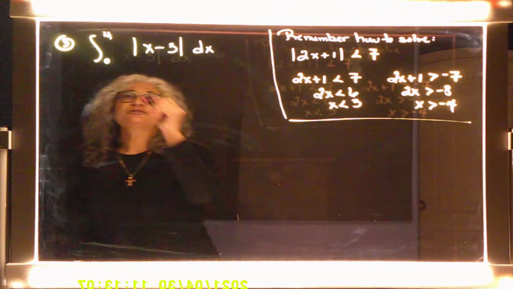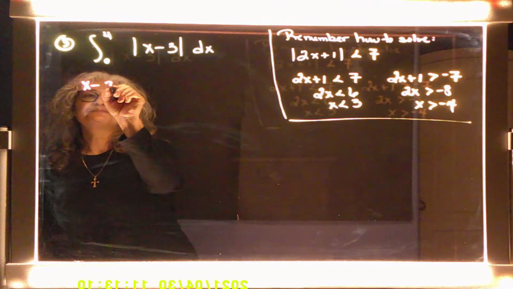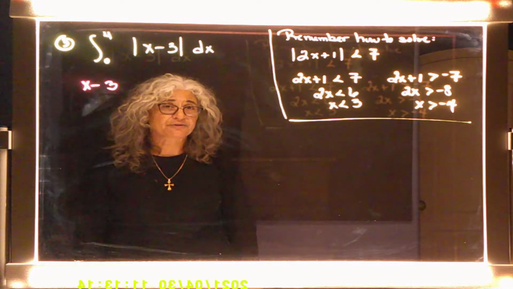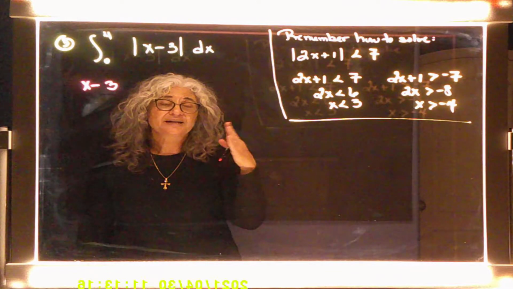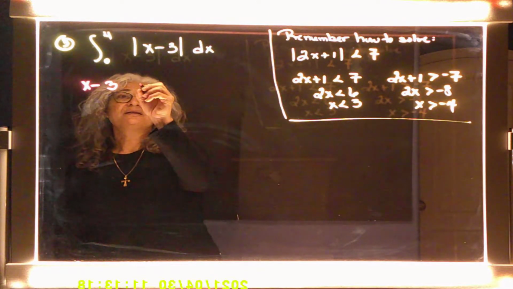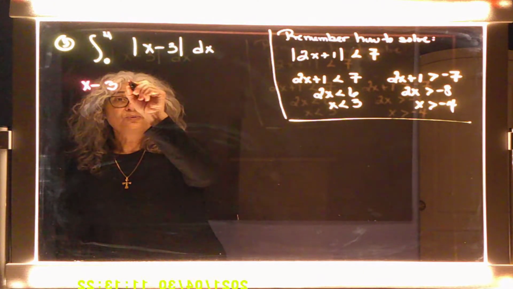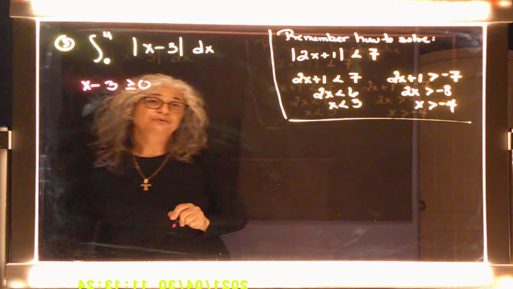Absolute value of x minus 3. You're like, what are you going to set? I'm going to use that bottom number of 0. I want to have this be greater than 0 because we have from 0 to 4.